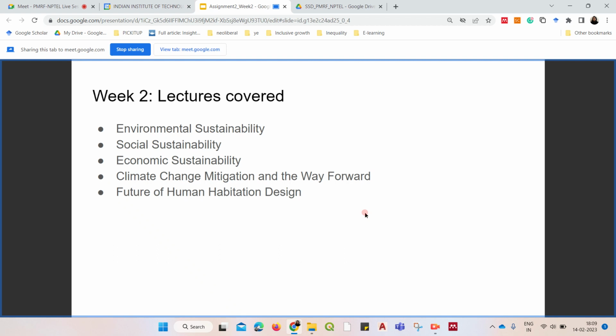It challenges our consumption patterns, our development patterns, and the way the ecosystem and socio-ecological systems function.